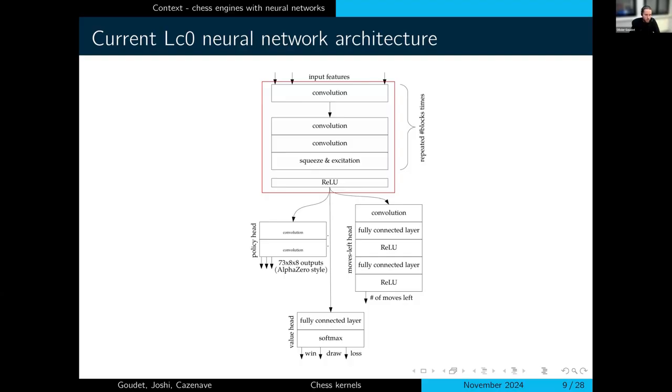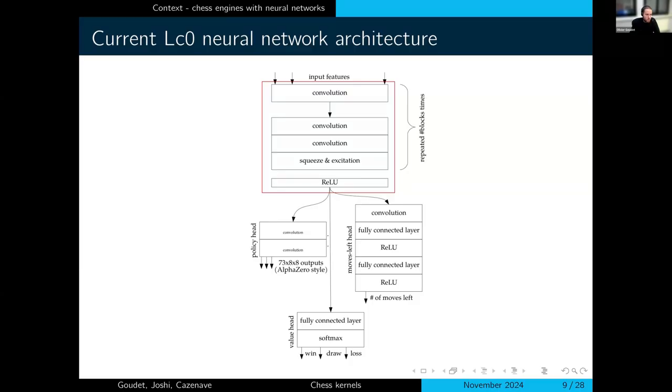You have on the left the policy head, which calculates the probability of each move being the best. The value head also calculates an evaluation of the position. And normally there is also a third network which calculates the number of moves remaining in the game. But actually we haven't activated it in this work.